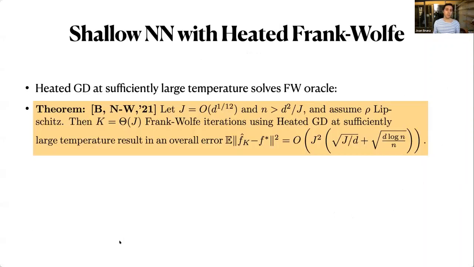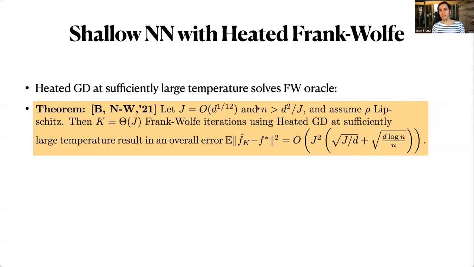And so what we show is that if I now use this heated gradient descent for this Frank-Wolfe oracle, then we can succeed. We can make the number of hidden neurons diverge with dimension, but not too fast.